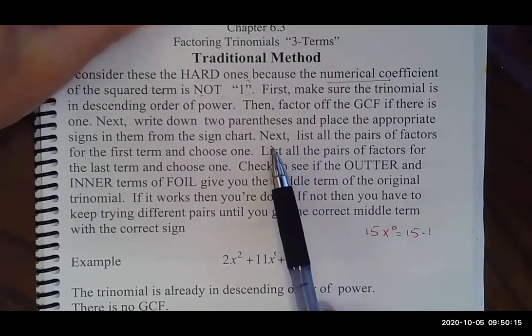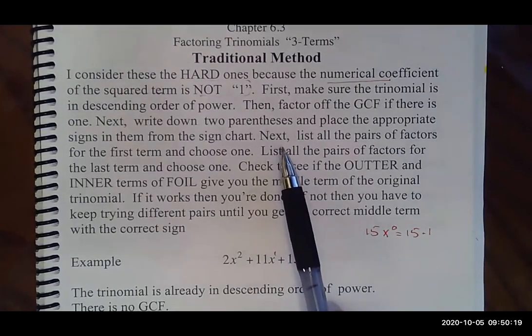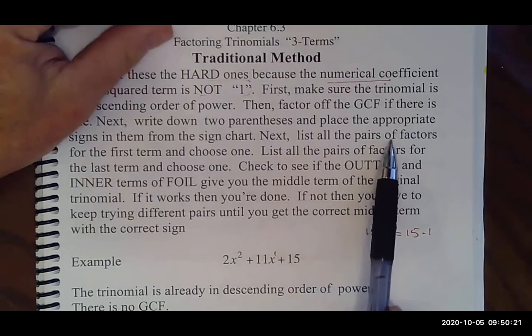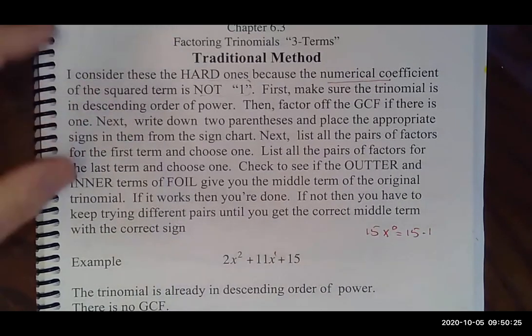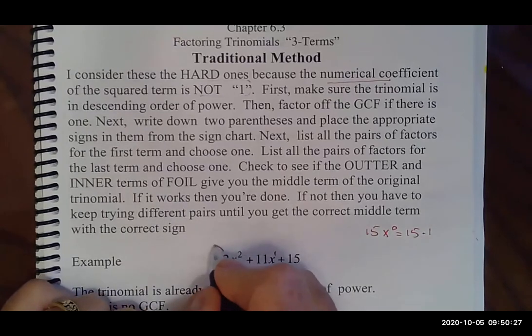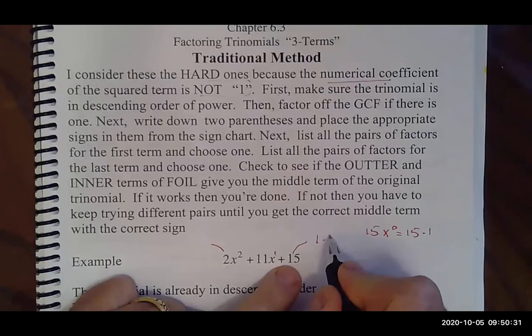Okay, now here comes the difference from the easy one with this one. You're going to list all the pairs of factors for the first term. Just like over here, we listed this as 1 and 15 and 3 and 5.